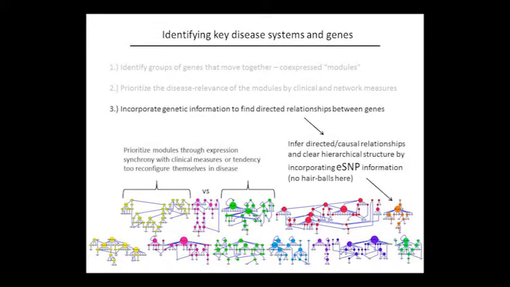Then we took genetic information, in fact eSNP information, and looked to see if, by incorporating that, we could begin to find directed relationships between the genes. As was pointed out, if you just have 2 facts, you can only get to associations, but when you get triple layers, you can begin to look for more causal relationships.